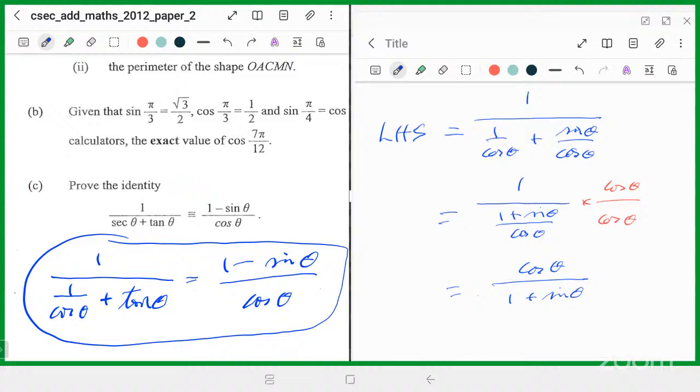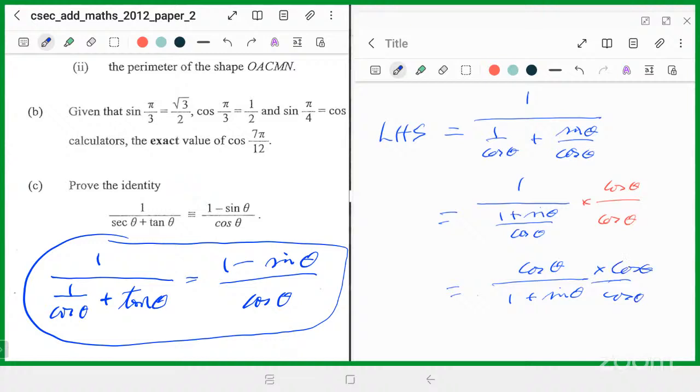But the thing is, this answer has a 1 minus sin theta on the numerator. I can do it two ways. I can multiply numerator and denominator of this one by 1 minus sine. Or I can recognize that the answer has a cos theta in the denominator, so I multiply numerator and denominator by cos theta to get the cos theta that we want under here.